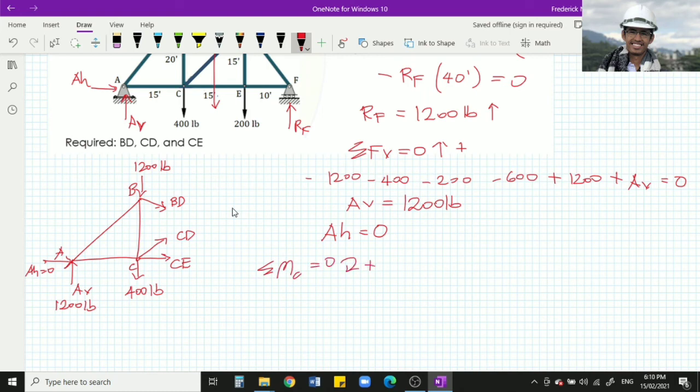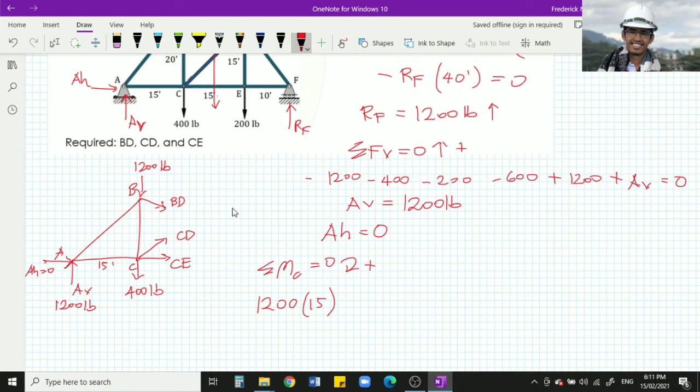Clockwise, positive. So, ano yung may moment natin sa C? So, that will be, yung 400 tsaka 1,200, hindi natin may moment kasi concurrent siya sa ating point C. So, itong 1,200, may moment natin. So, positive siya kasi clockwise, magmo-moment siya sa C. So, that will be 1,200. Distance dun natin is 15 feet. So, that will be 1,200 times 15.